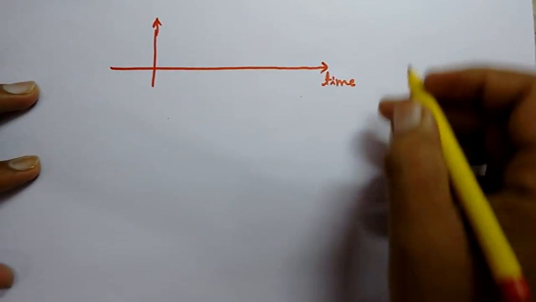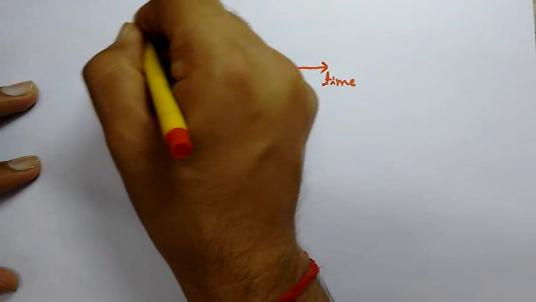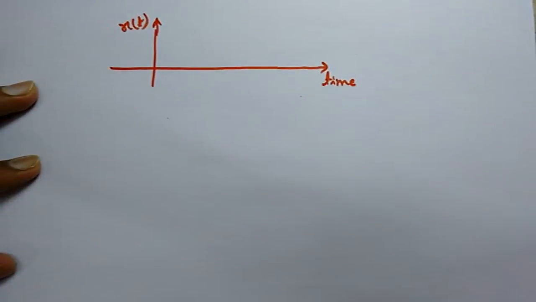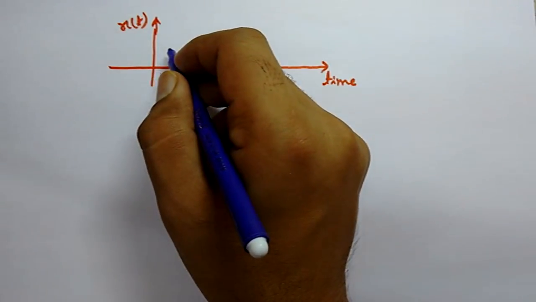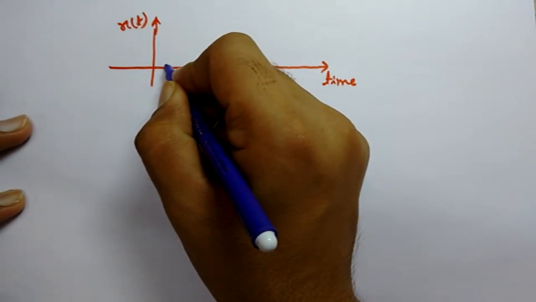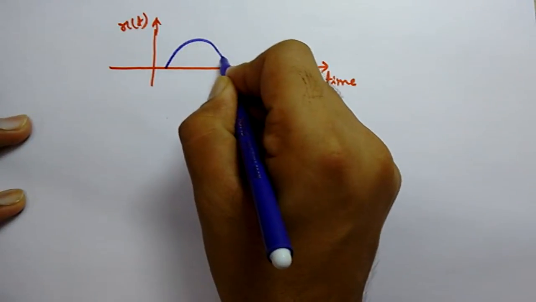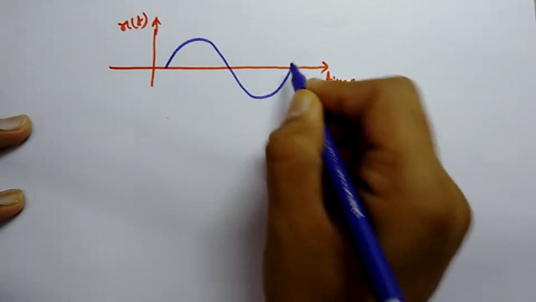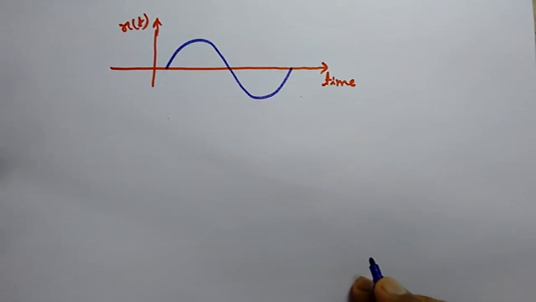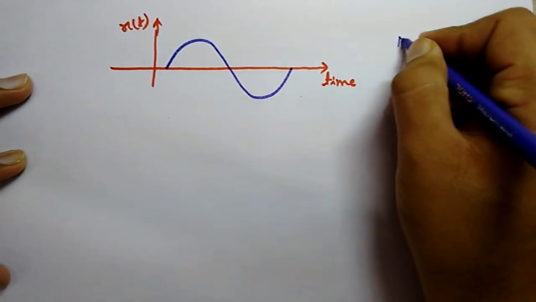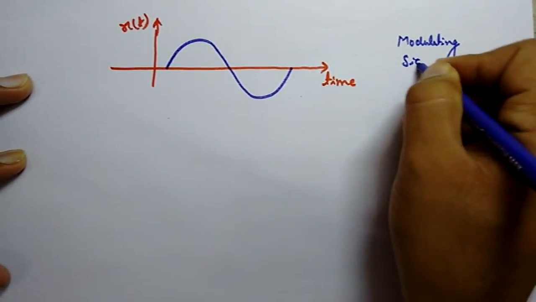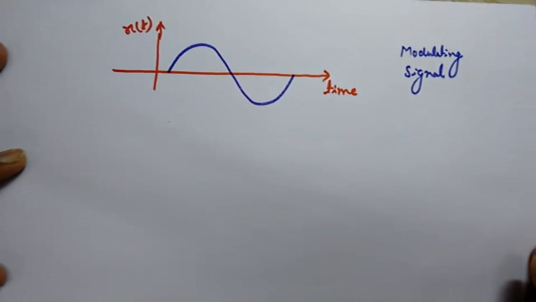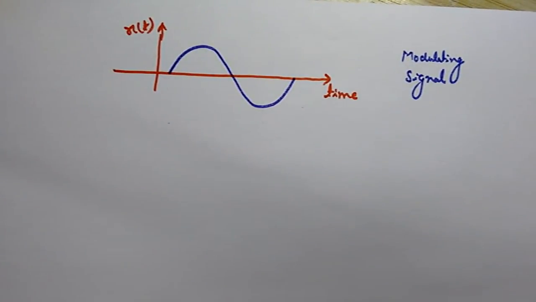This is the time axis, and here I am going to draw the modulating signal. Okay, this is the modulating signal.